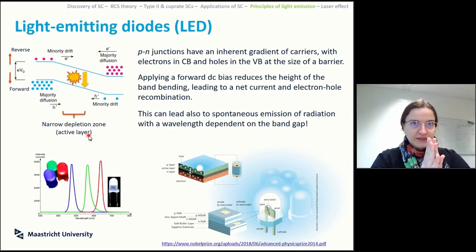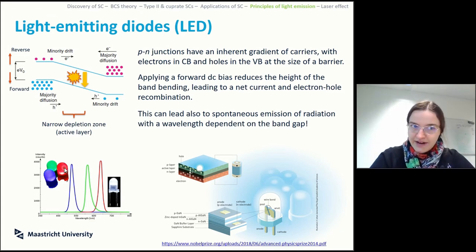So the wavelength that you get out is directly at that super narrow emission that is your optimal band gap and nothing else. So you can have a red, like the gallium arsenide doped with phosphorus, a green, or a blue.